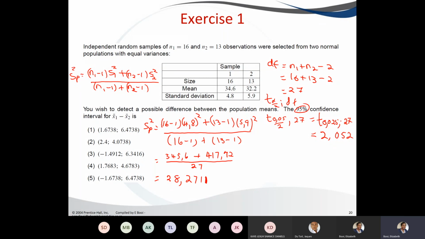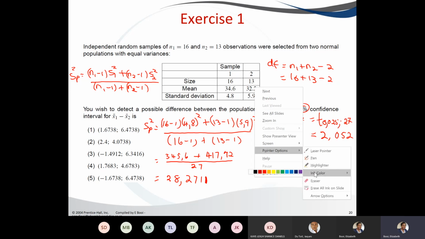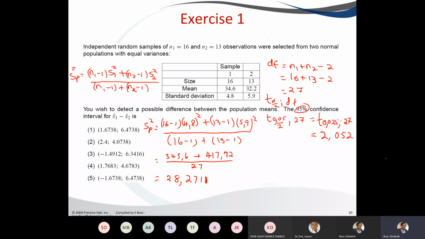Now we need to go to the formula to calculate the confidence interval. Let me change the color and use the blue one. So let's now calculate the confidence interval.